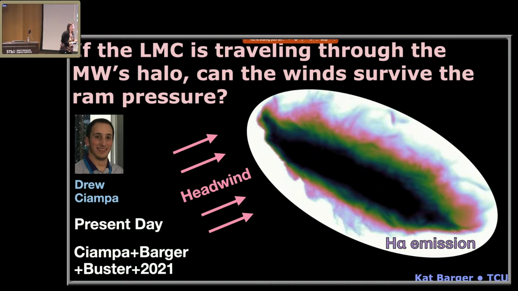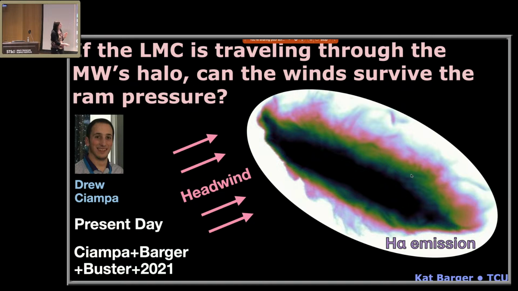And so we see all this evidence for this outflowing material, but is this plausible given that we're traveling through a hot halo? What we did, in the earlier study back in 2001, was account for ram pressure. If this right here is the near side of the galaxy, which is the side facing towards us, for orientation, since the LMC is a near face-on galaxy, this side would get suppressed as far as its outflows go.